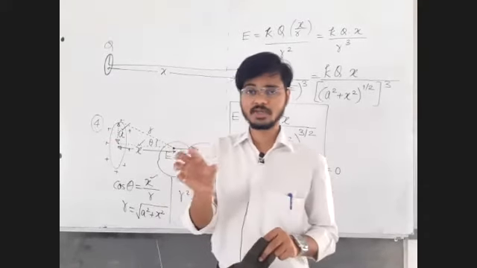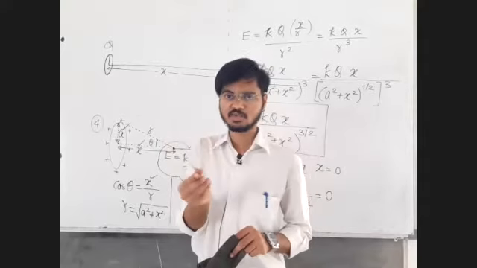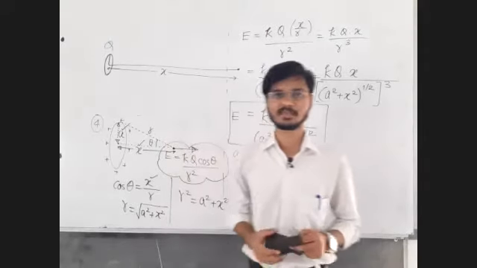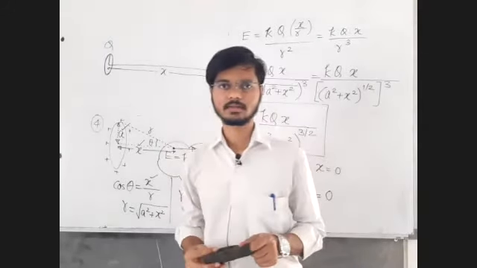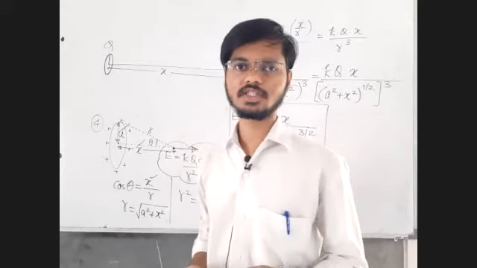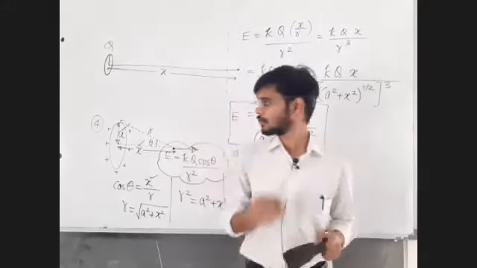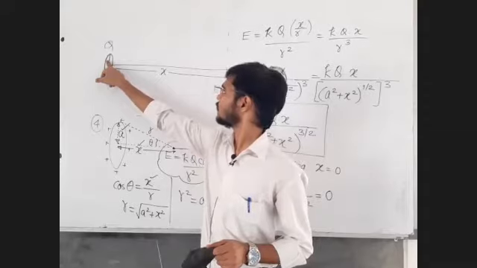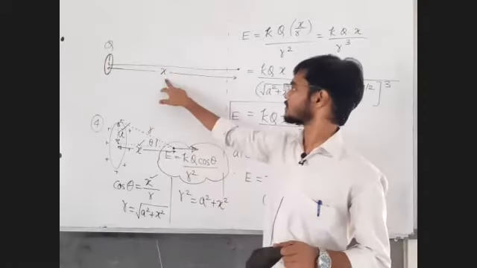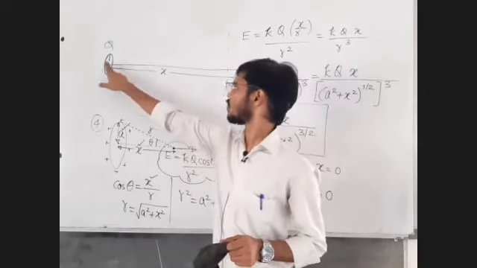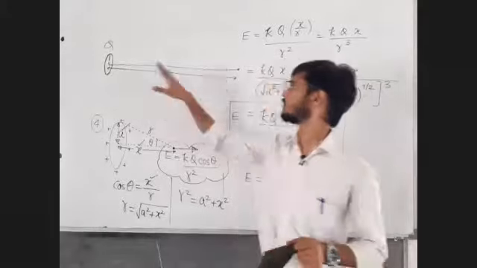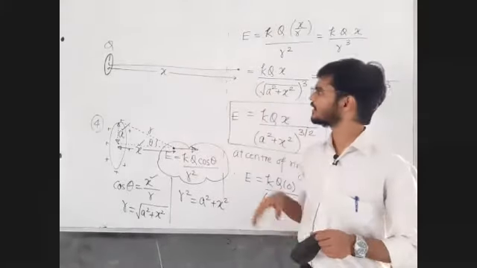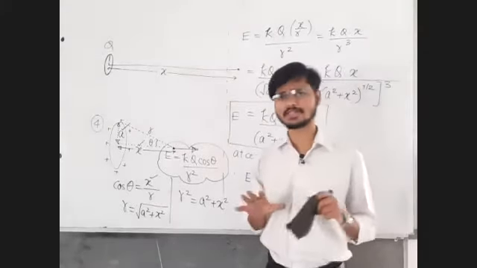The people are as good as ants, negligible. So if the radius of the ring is very small compared with x, or you are at a very large distance from the ring, then the ring is as good as a point charge.